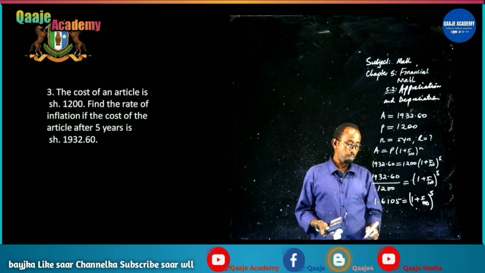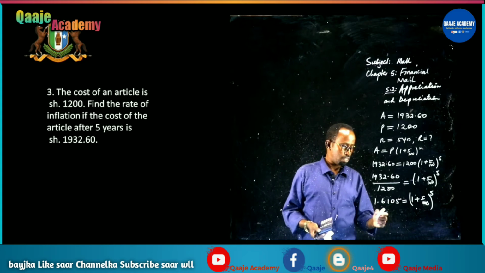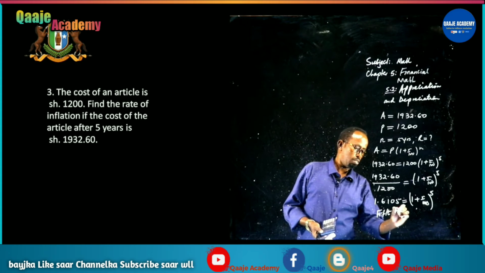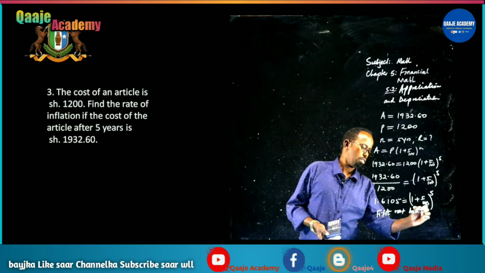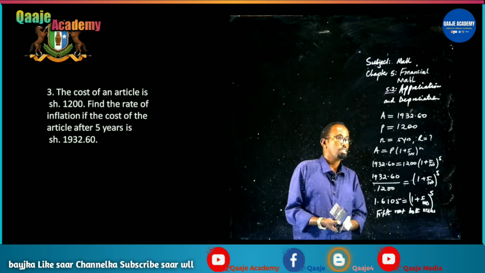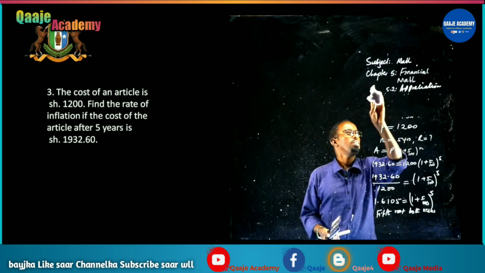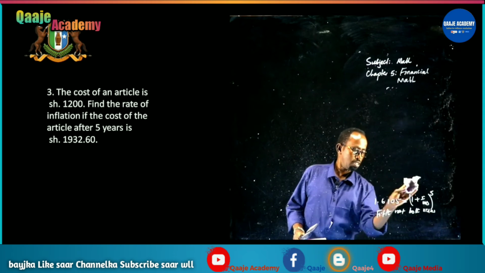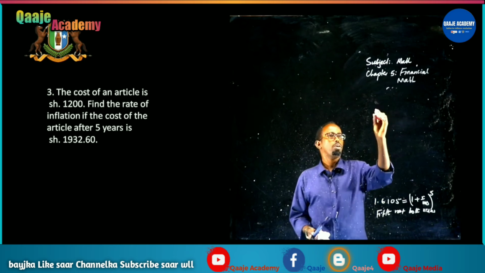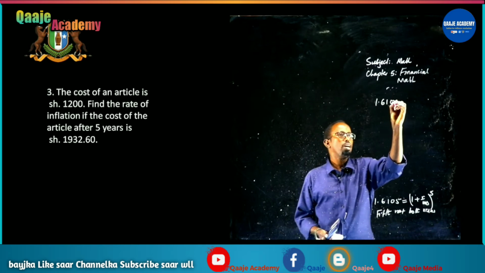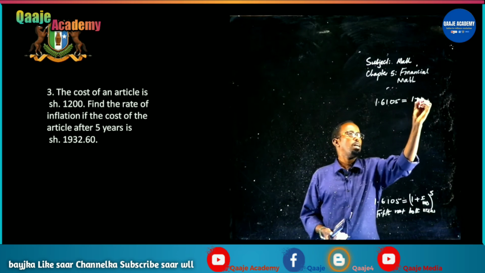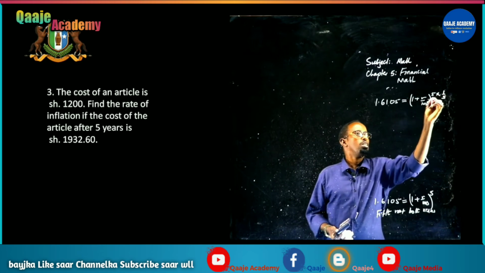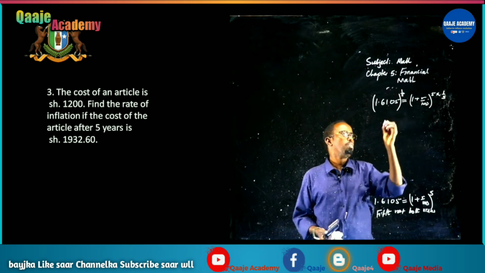So to remove this 5, I'll be using fifth root on both sides. It was 1.6105, equal to 1 plus R over 100 into bracket 5. I said you use fifth root, and then you put this on bracket, and then you write 1 over 5 there.